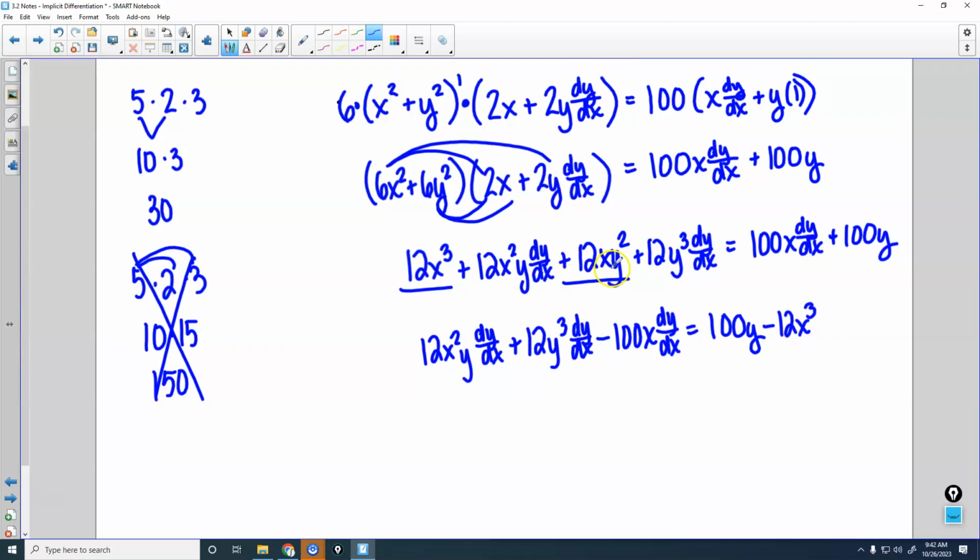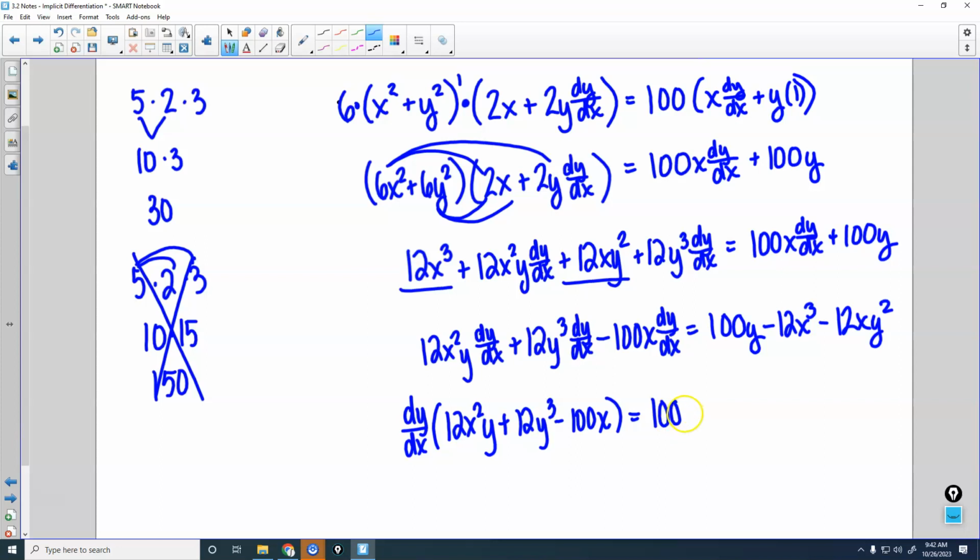I need to move my 12xy squared, so minus 12xy squared. Whew. Take out that dy dx, we got 12x squared y plus 12y cubed minus 100x equals 100y minus 12x cubed minus 12xy squared.